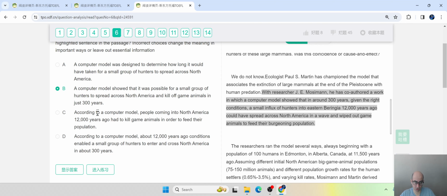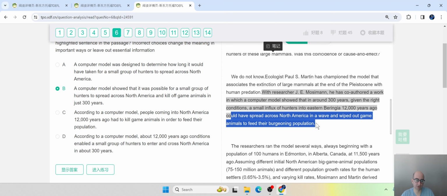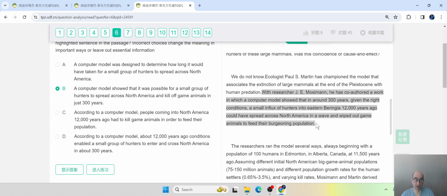Now let's check choices C and D. C: according to a computer model, people coming into North America 12,000 years ago had to kill game animals in order to feed their population. Be careful with extreme language, guys. Like you must do this, right? Always, never, just extreme language. Well, they said it was possible for them to enter North America and kill off these animals.